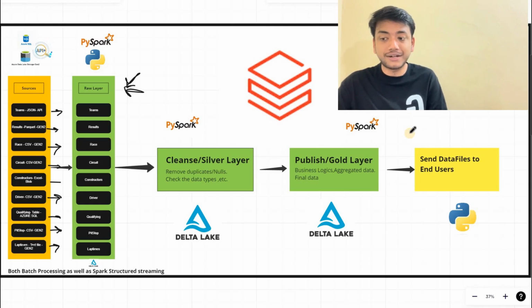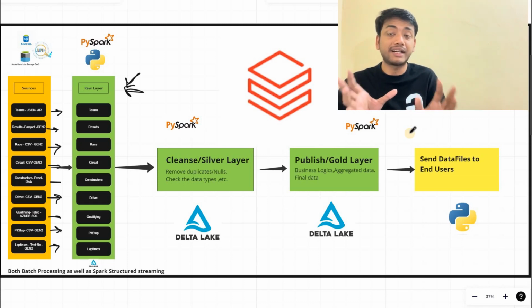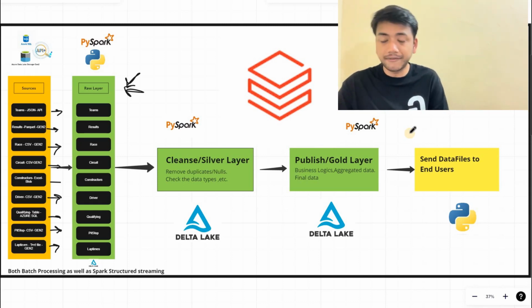So we send the final data to our end users via a Python script, using Databricks. Here I did not use any Azure services like Logic App and PowerShell and other automation tools. I showed you the same thing with the help of Python or PySpark only, nothing else. Cool.